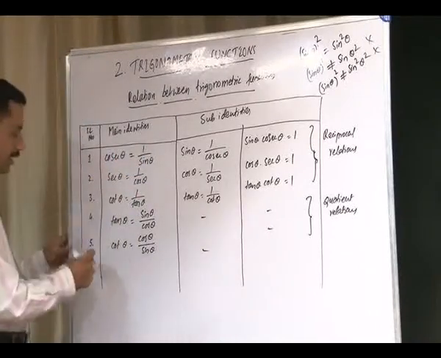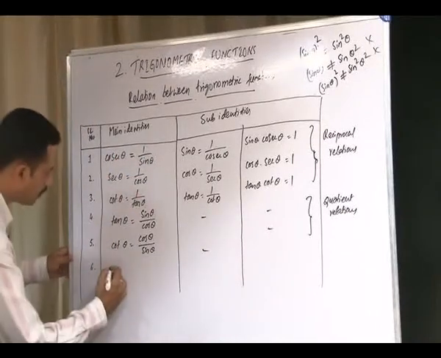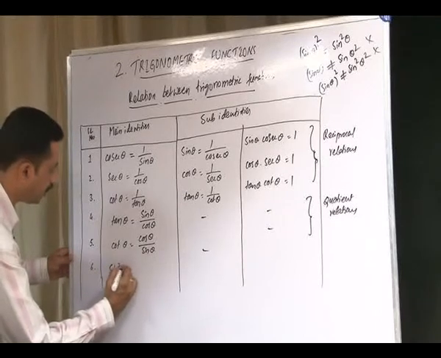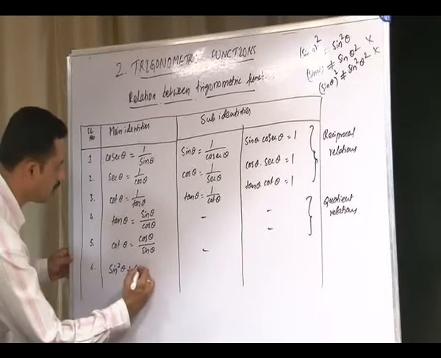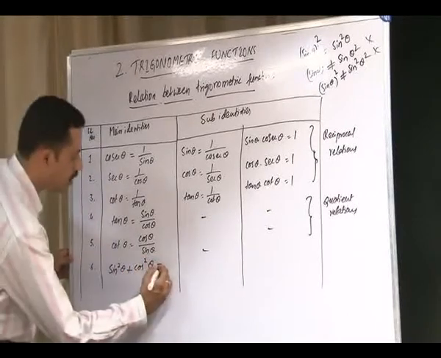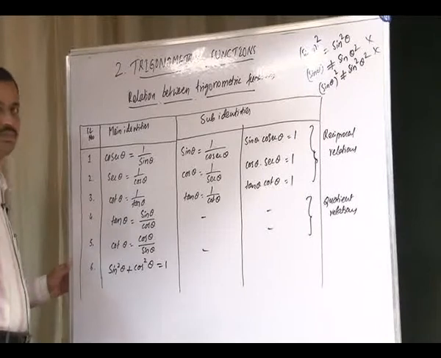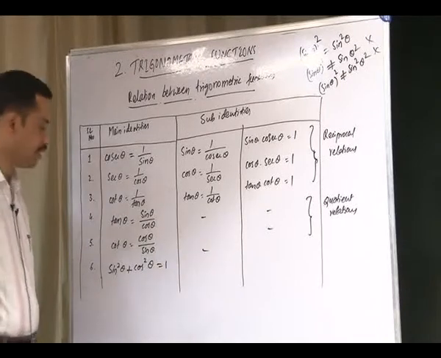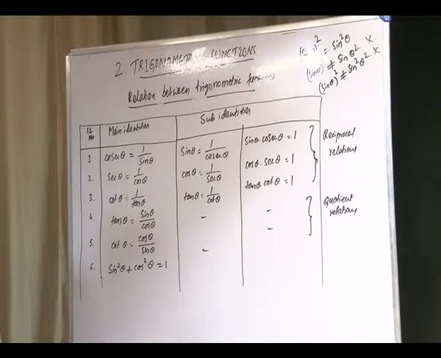The next identity is sin square theta plus cos square theta is equal to 1. This is the main identity.